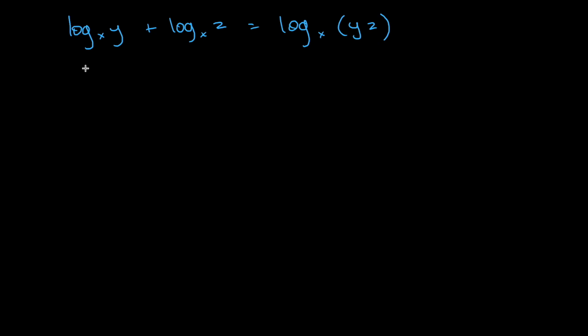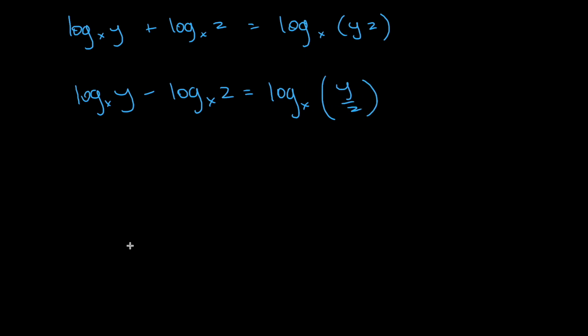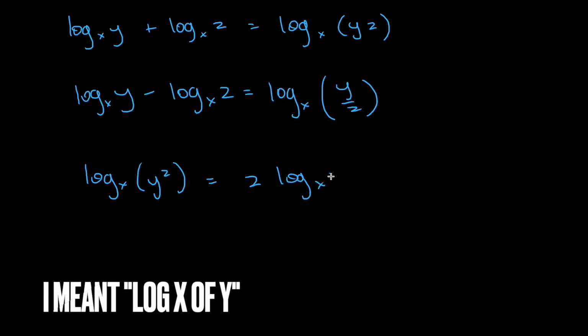Our second log identity is log base x of y minus log base x of z is equal to log base x of y over z. Our third log identity is log base x of y to the power z can be rewritten as z times log base x of y.